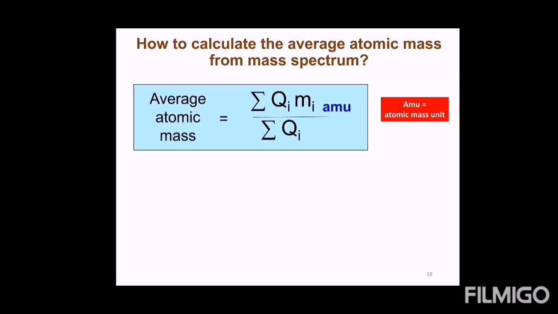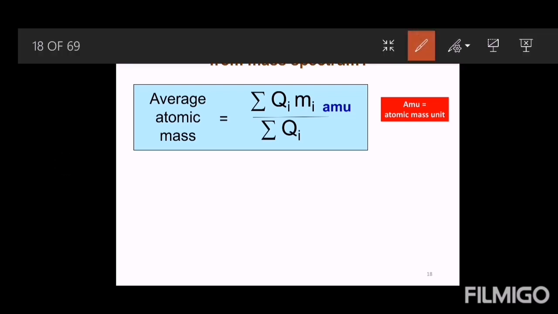Alright, how to calculate the average atomic mass from the mass spectrum? Okay, so the formula that you all should know or should memorize. I hope that you all memorize this formula. So the average atomic mass, you all must write down like this.